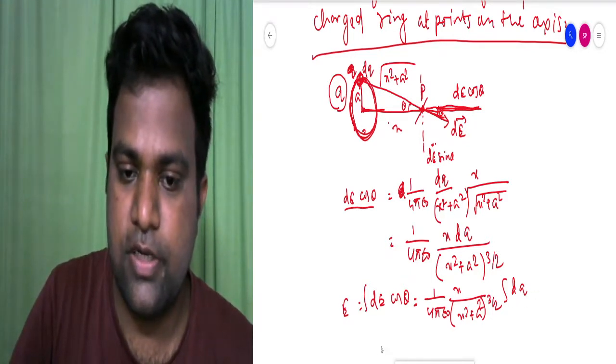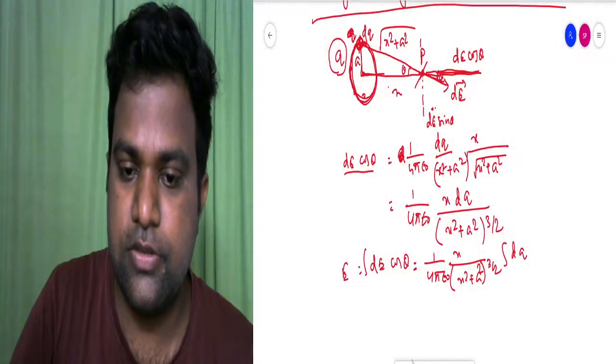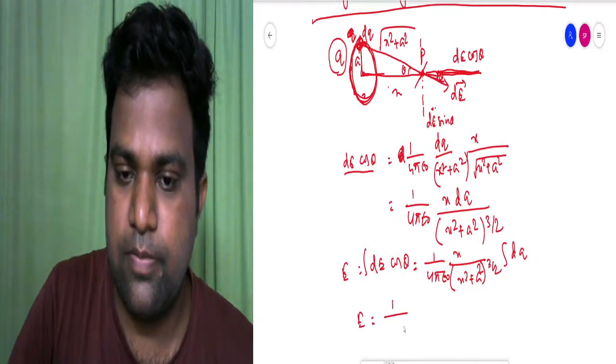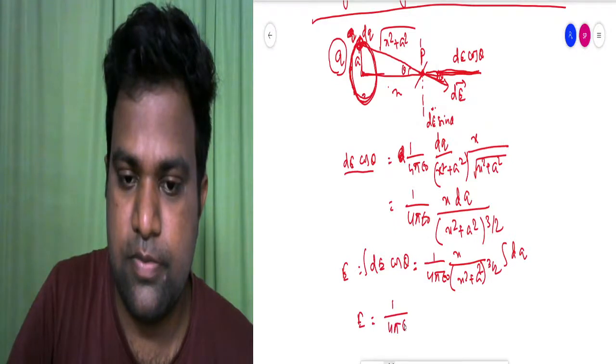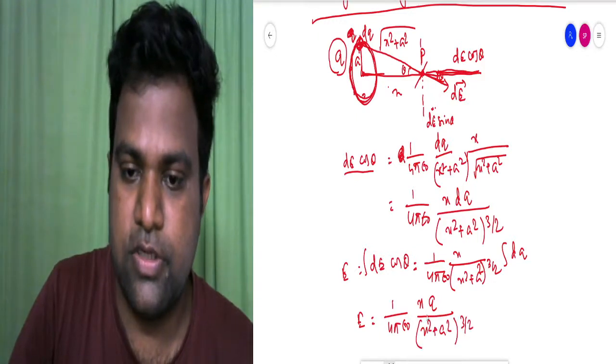So if we write it in one equation, the final expression will be E equals 1 upon 4 pi epsilon naught, x Q, since the integration of dq is Q, upon x squared plus a squared to the power 3 by 2.